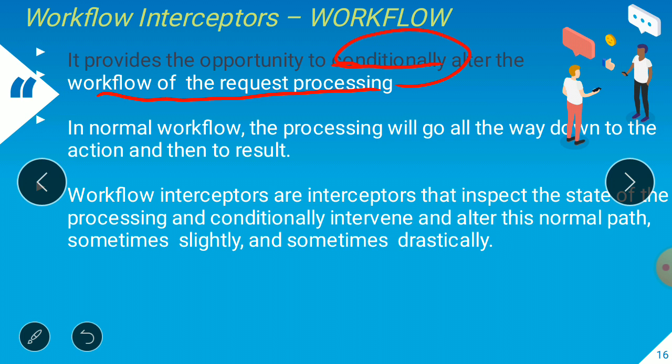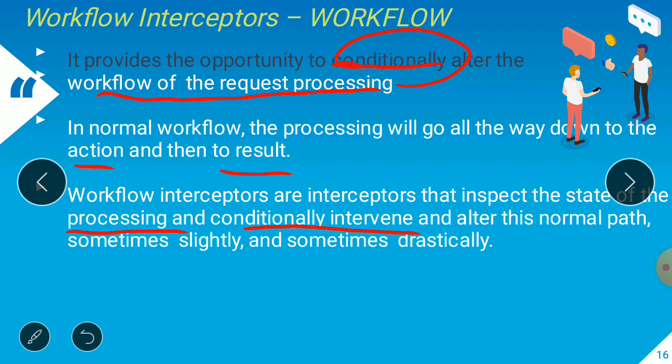In the normal workflow, the processing will go all the way down to the action and then to the result. So after calling all those interceptors, it will call the action, then the result. But we can change that using the workflow interceptor. The workflow interceptor inspects the state of the processing. It will check it and intervene in the state of the processing path, conditionally.